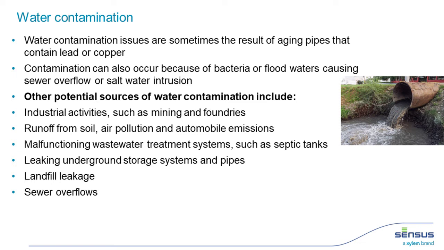We've got some situations where malfunctioning wastewater treatment systems, such as septics, can cause these kinds of problems. In many areas we have leaking underground storage systems and pipes that we're not even aware of. Those are other sources of water contamination, and landfill leakage and sewer overflows.